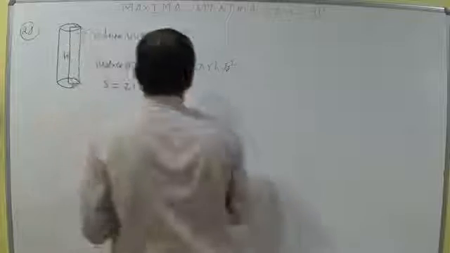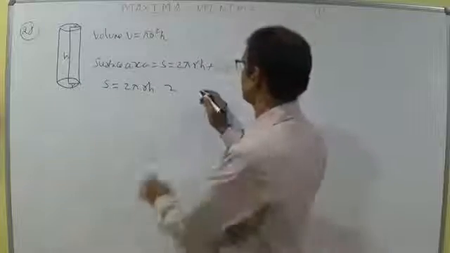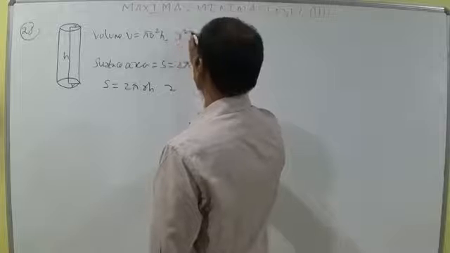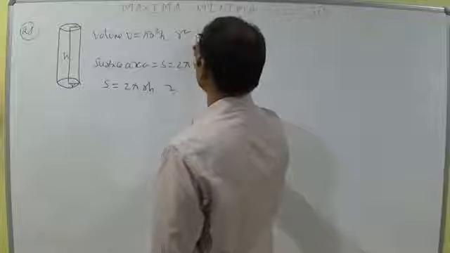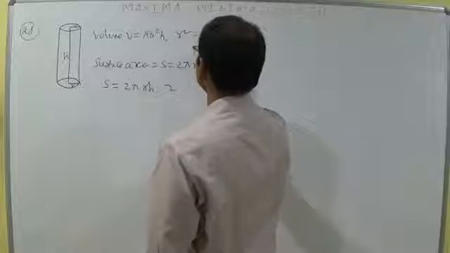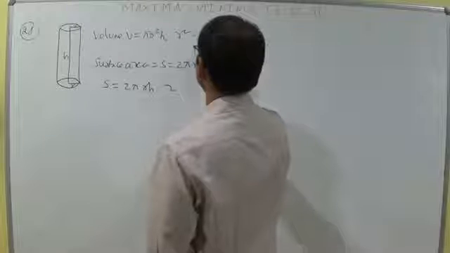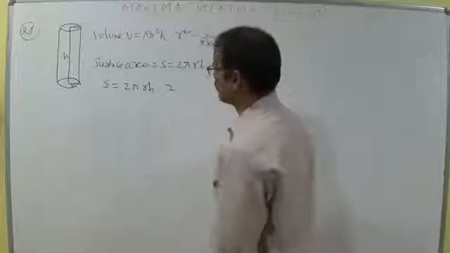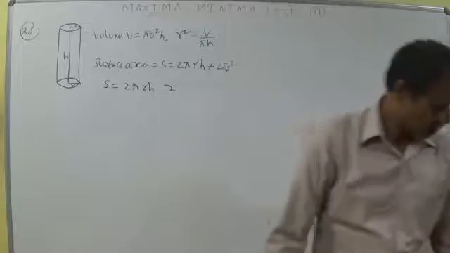Given this, r square is equal to V by pi h, otherwise h is equal to V by pi r square. Anyhow we can get the answer.